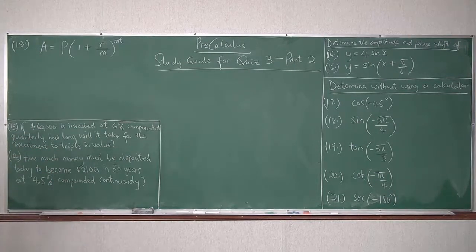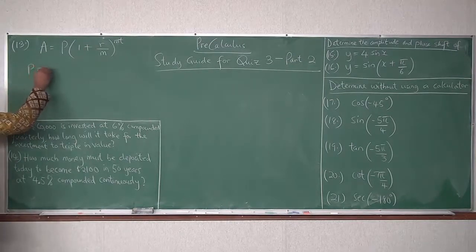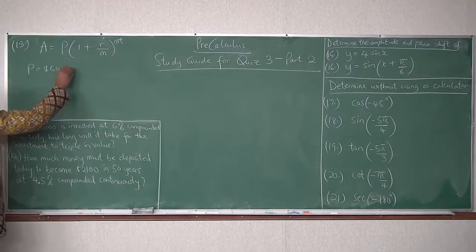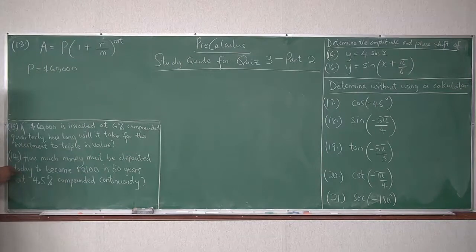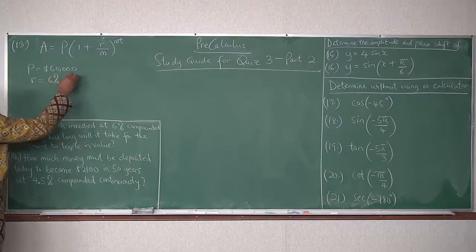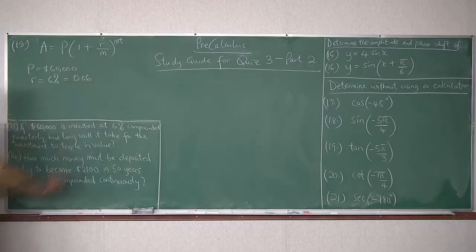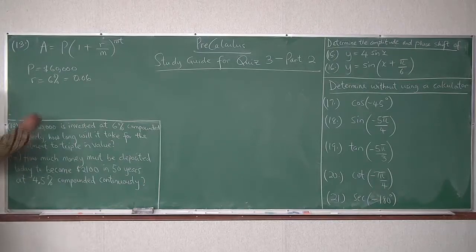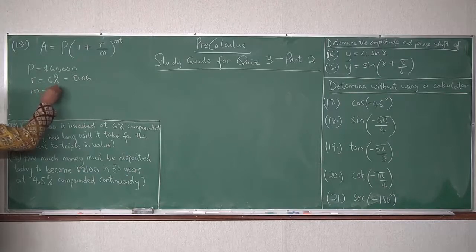So 60,000 is invested, so P is $60,000. R is 6%. It is given to you in percent, so you convert it to decimal. Compounded quarterly means that m is 4.